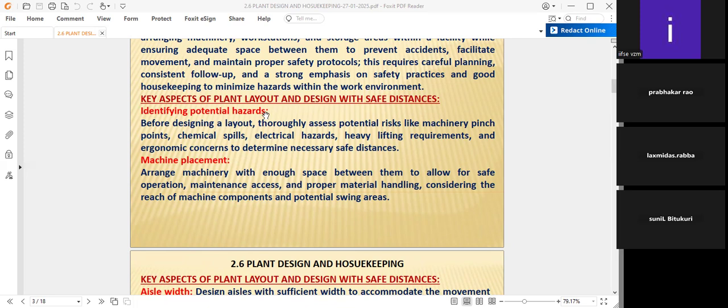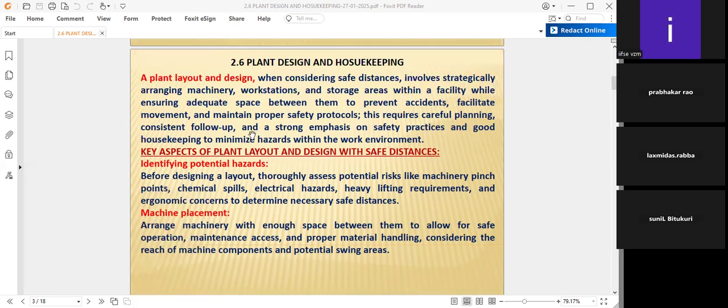Identifying the potential hazards. Before going to design layout, where we keep the raw material here, the product here, how much hazards will be reduced and risk factor will be less. That is also taken care of by brainstorming with the people. Before designing a layout, thoroughly assess the potential risks like machinery pinch points.